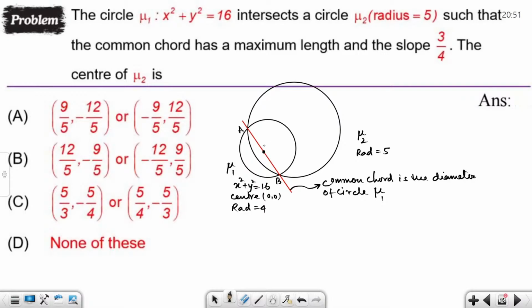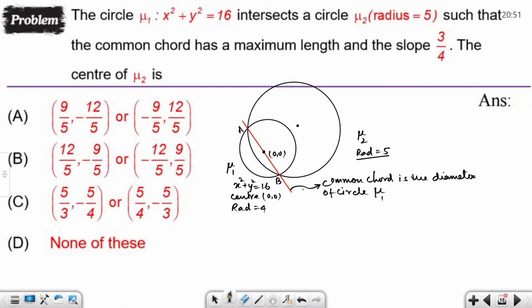Since this common chord is the diameter, its center will lie on AB, and the center of the circle mu1 is 0, 0. Am I correct? Now, we have to find out the center of the circle mu2, whose radius they have given equal to 5.